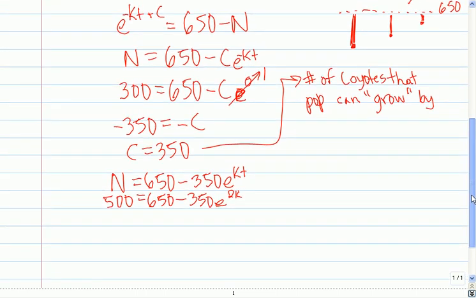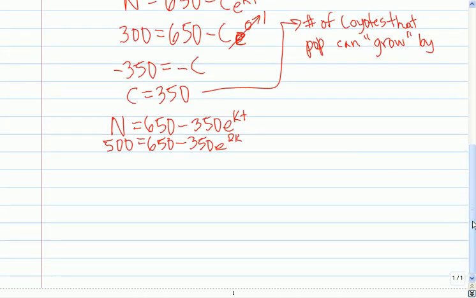So this will be enough to find the model for this population, which is going to be negative 150 equals negative 350 e to the 2k, and that'll be, say, 15 out of 35 equals e to the 2k.